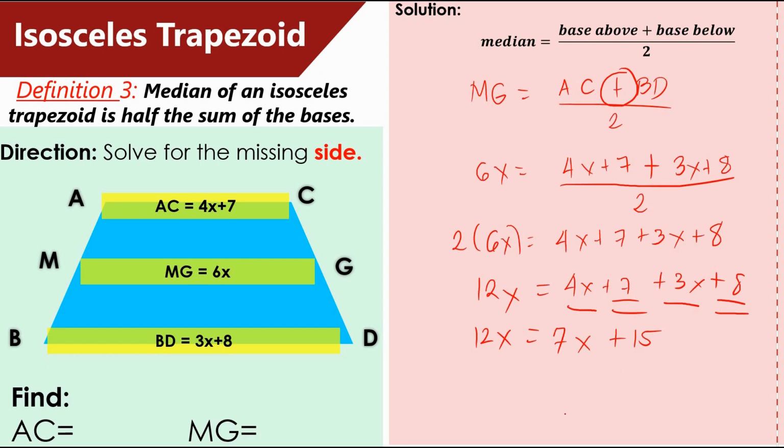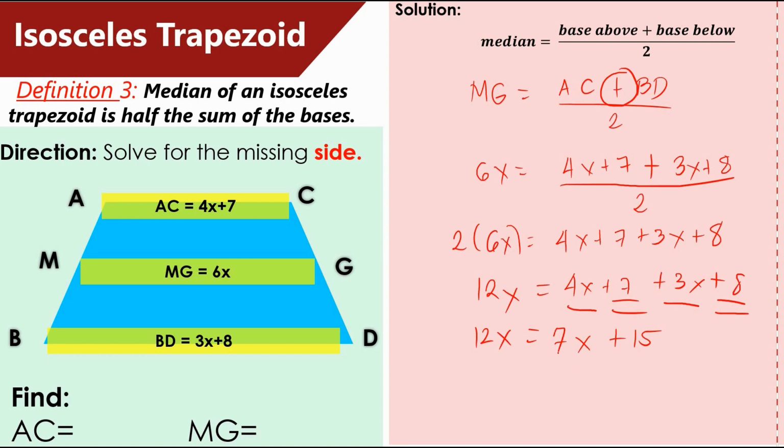For the next step, we need to combine 12x and 7x, but the problem is one of the terms is on the other side. So we need to transpose it to the other side. We can apply the concept that I told you a while ago. We can transpose the term which is lower in value.